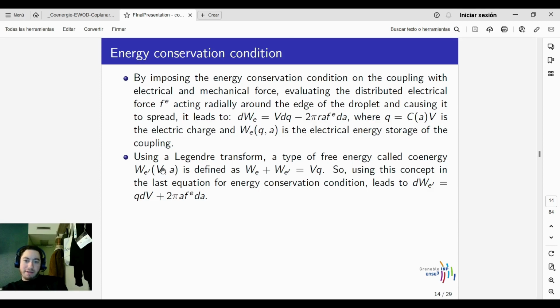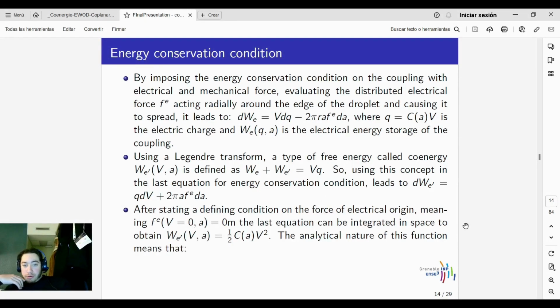So at the end we will have a new function that will depend on the voltage and A. So it will be defined as the electrical charge multiplied by the voltage. So using this new concept in the last equation that we had before, it would lead us to the next equation, that is Q dV instead of having V dQ.